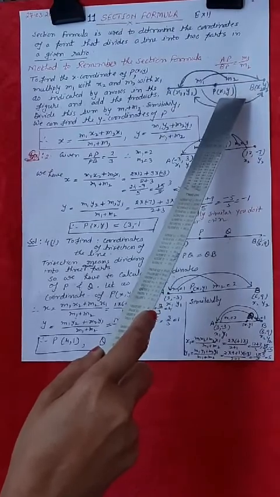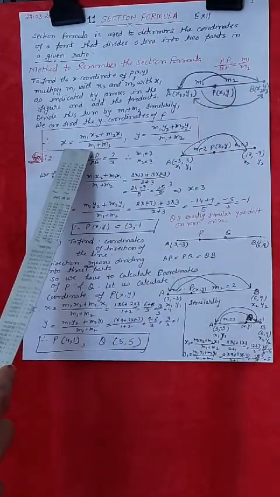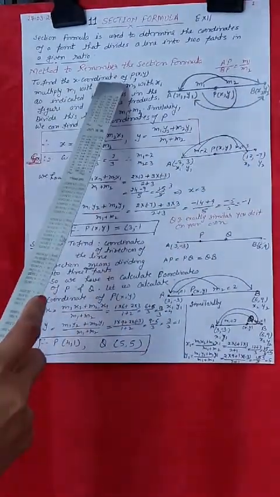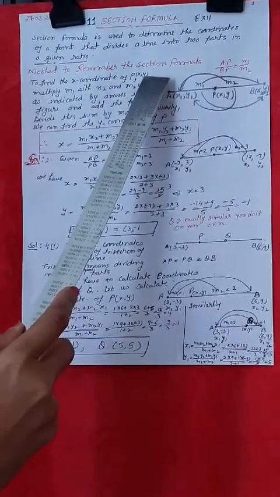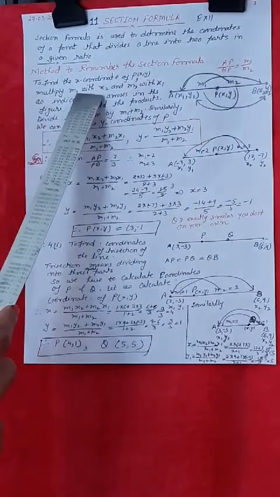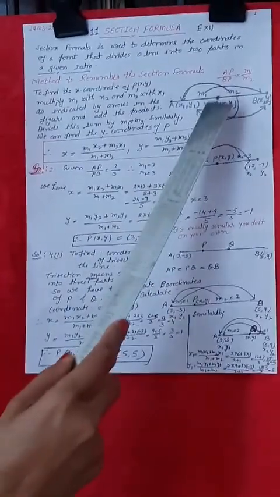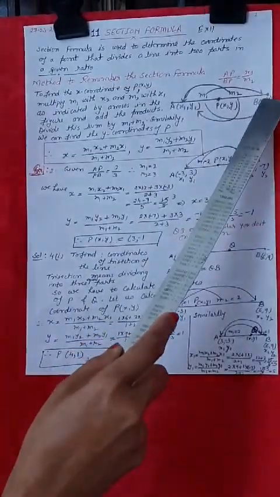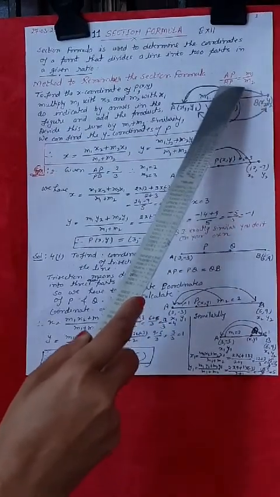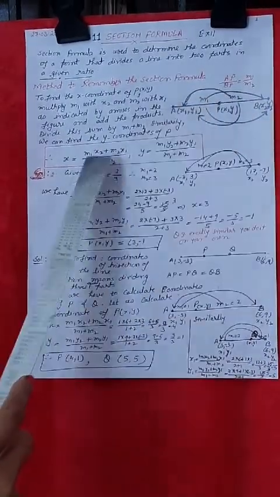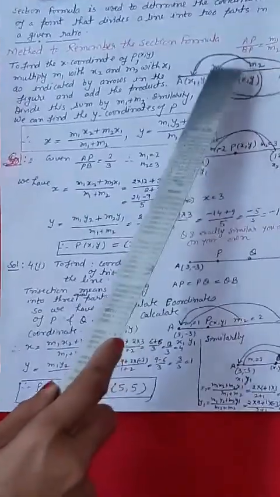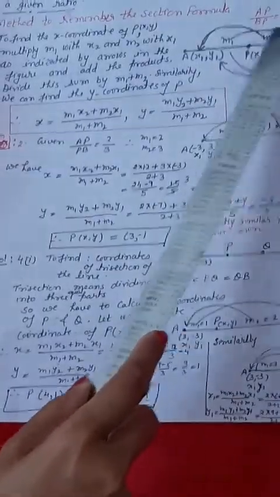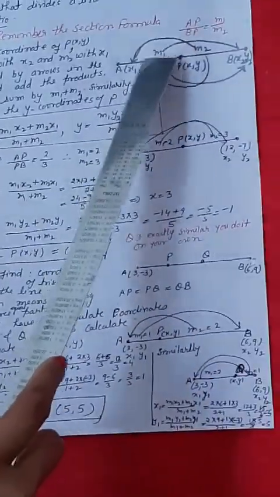To find the formula for the division point, see, to find the x coordinate of the division point P (x, y), multiply M1 with x2 and M2 with x1, and add them.